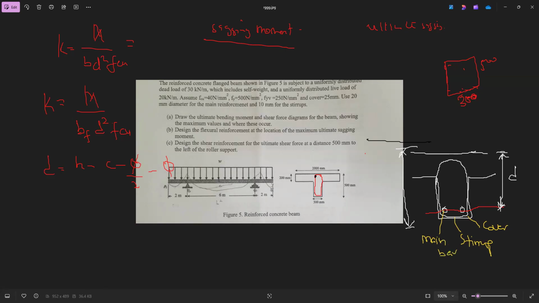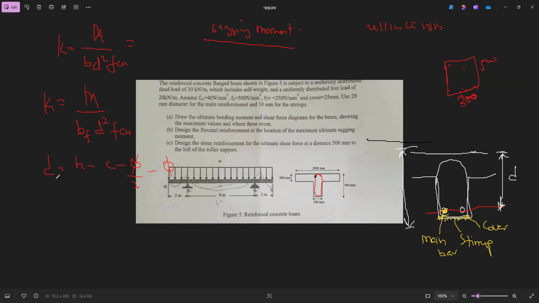So you take half of the main bar, and these things are together, the cover, the ring and then the main bar. There is no space like what I've drawn. So you take the cover, half of the main bar, then you take the stirrup out, then the cover out.